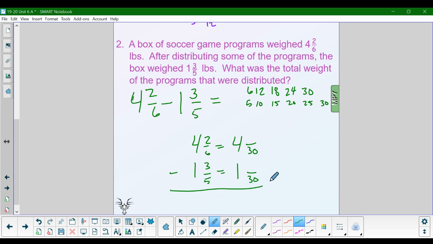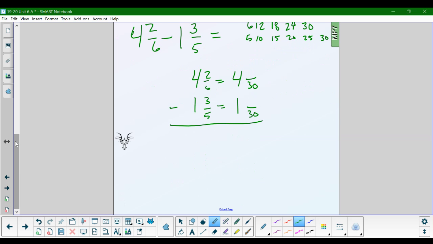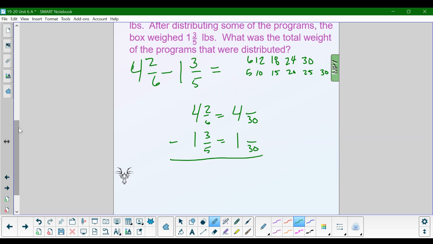I like to change around the way I write my problems. You may do them any way you'd like. I just prefer vertically.